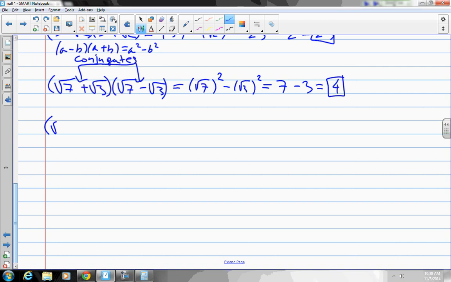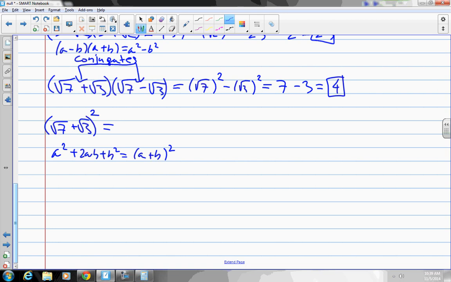Now, how about this one? The square root of 7 plus the square root of 3 quantity squared. And again, for those of you who were here on Monday, you might have noticed that this question is different from the one above. How do you square a sum? The a squared plus 2ab plus b squared. Every time we square a sum, you have to operate with that.